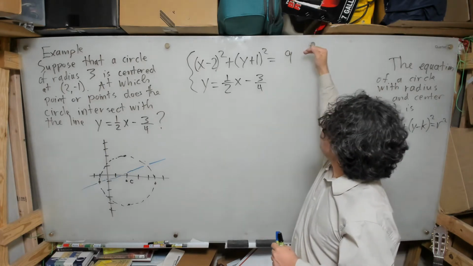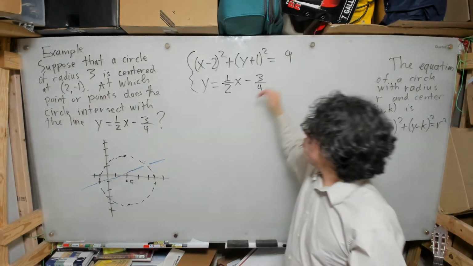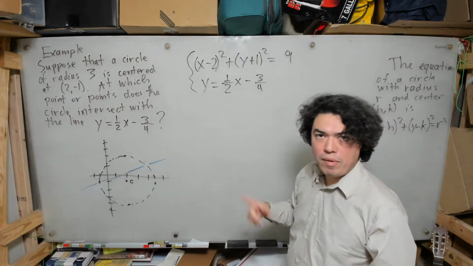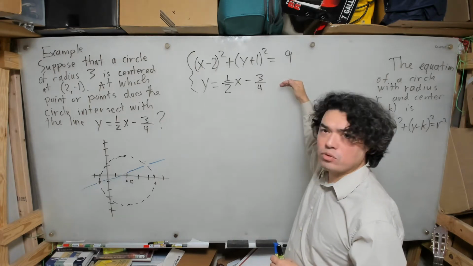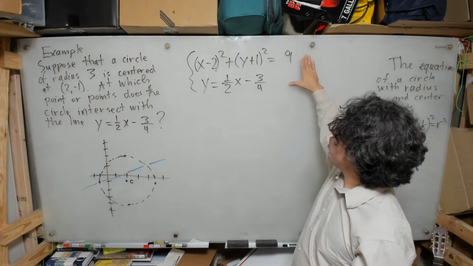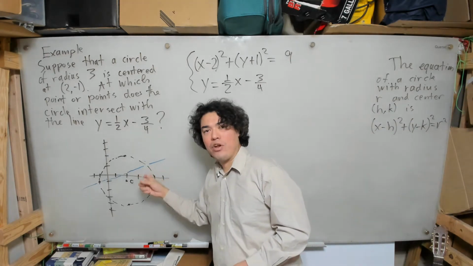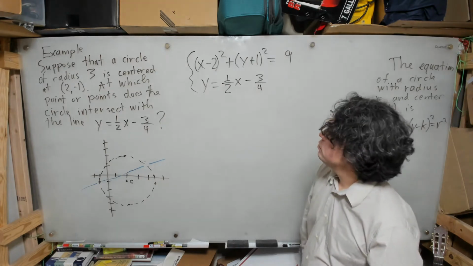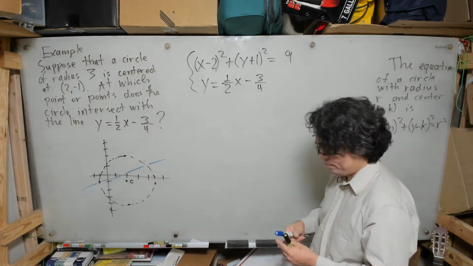If a point makes this equation true, it'll be on the circle. And if a point makes this equation true, and remember, whenever I say a point, I mean an ordered pair x, y, then it's on the line. So if a point makes this one true and this one true, then it must be both on the line and on the circle. Okay, so now, let us begin.